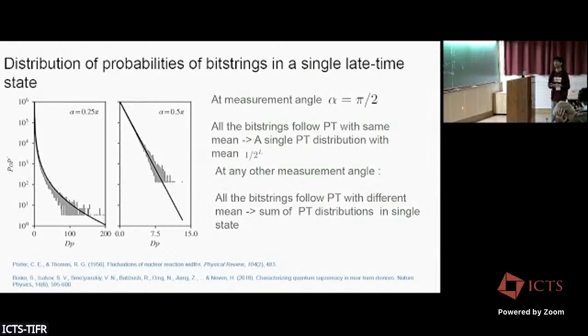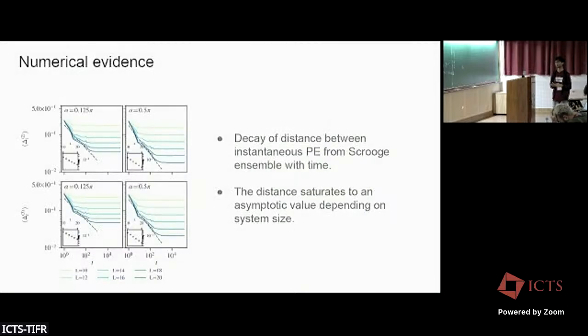Once we have this observation, we can actually show that for the L-bit model, for any measurement angle away from 0, at the thermodynamic limit, it goes to the Scrooge ensemble. I will not show the proof here, but I will show some numerical evidence. This is the trace distance between the second moment of the Scrooge ensemble and the projector ensemble.